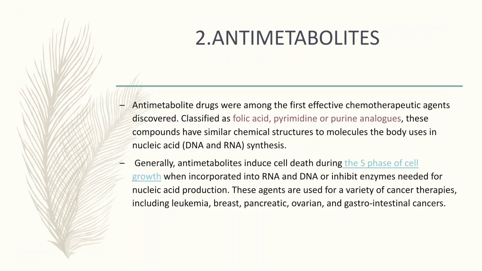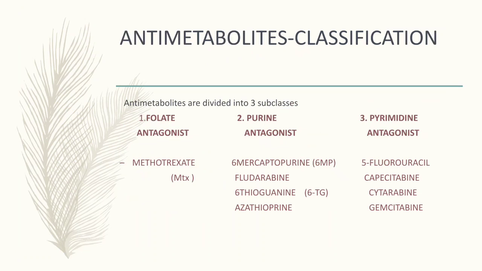These agents are used for a variety of cancer therapies including leukemia, breast cancer, pancreatic cancer, ovarian cancer, and gastrointestinal cancers. Antimetabolites are divided into 3 subclasses, as we have seen before: folate antagonist, purine antagonist, and pyrimidine antagonist.